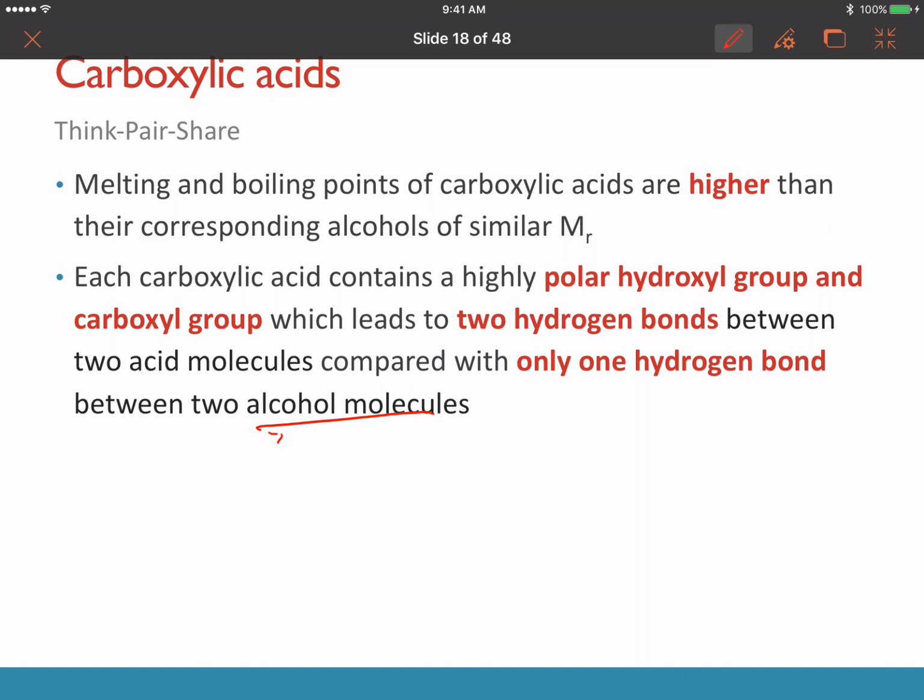Alcohol they have one OH group. Carboxylic acid they have a C double bond O group. They also have the OH group. Okay, so based on that, you can see that there will be more hydrogen bonds formed between carboxylic acid molecules as compared to alcohol molecules.